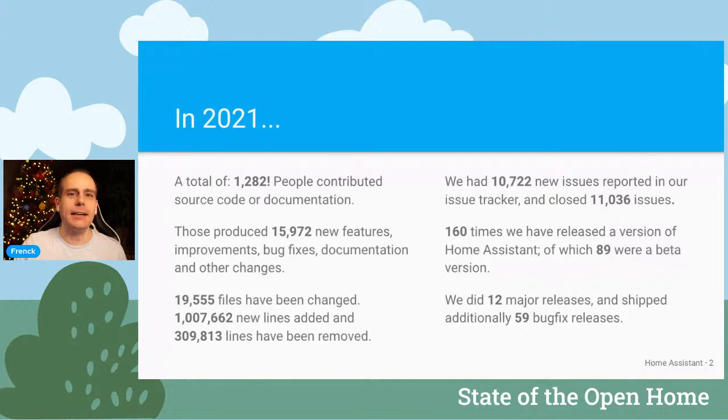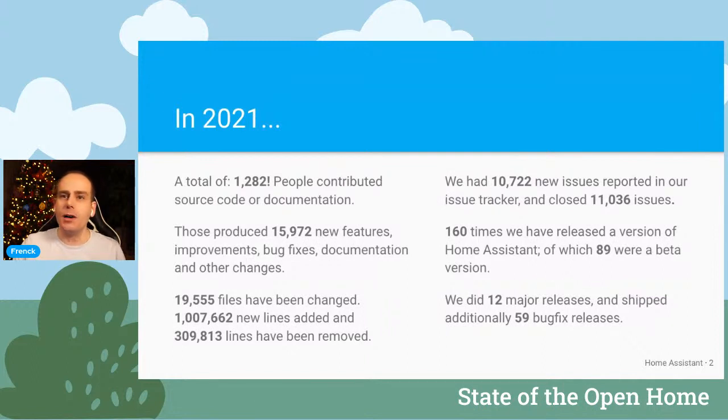That is an insanely high number. In total, those changes touched almost 20,000 files in 2021, with over 1 million new lines added. 300,000 lines have been removed as well, so we cleaned up nicely after ourselves. Those are some really impressive numbers.